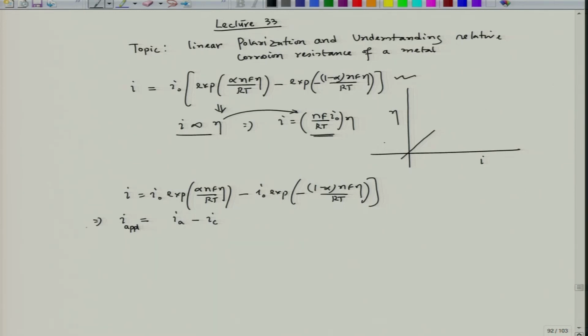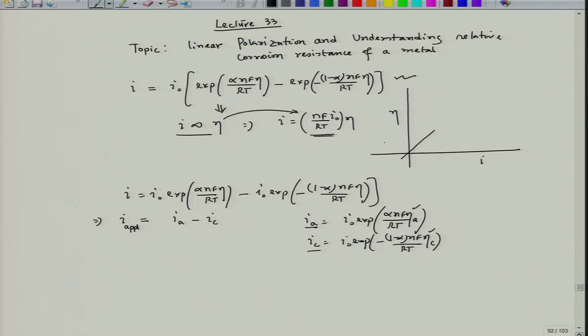So, I A equal to I 0 exponential of the anodic over voltage, and this is the cathodic over voltage. This is the cathodic current density, and this is the anodic current density.